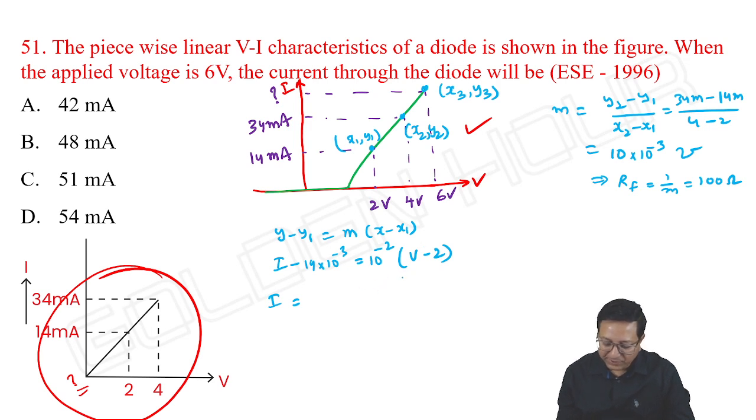Okay, so now what they are asking, or I can write here, 10 power minus 2 into V minus 2, plus 14 into 10 power minus 3. Okay, we can write it so.